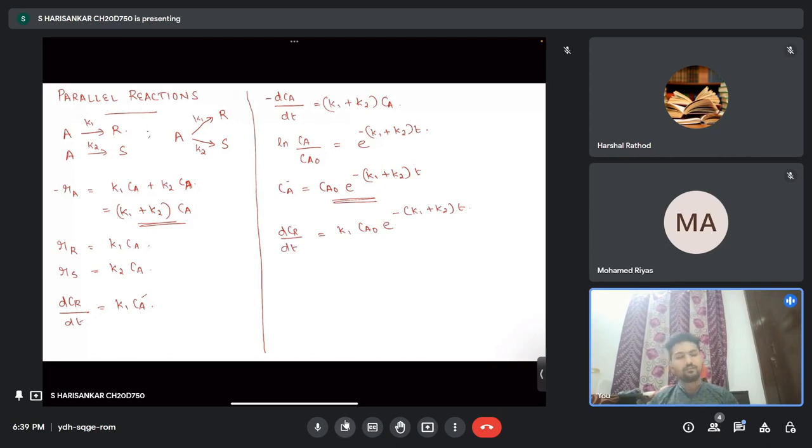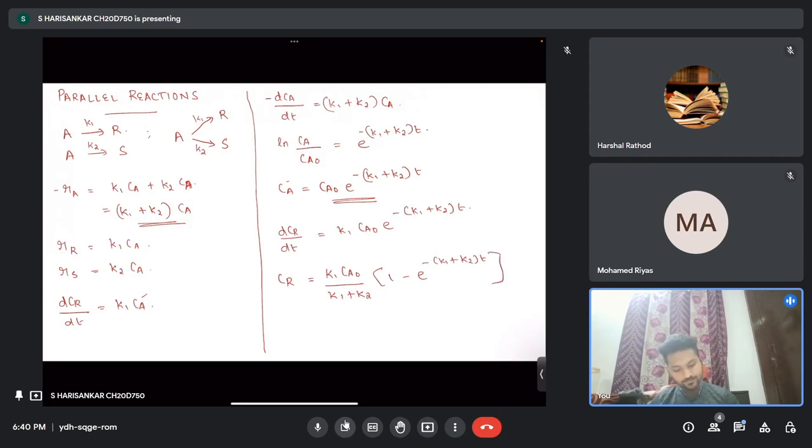And same as last time, we'll have to do some integration here. And finally, we'll get Cr as K1 Ca0 by K1 plus K2 into 1 minus e raised to minus K1 plus K2 into t.